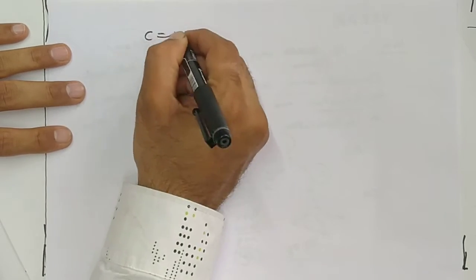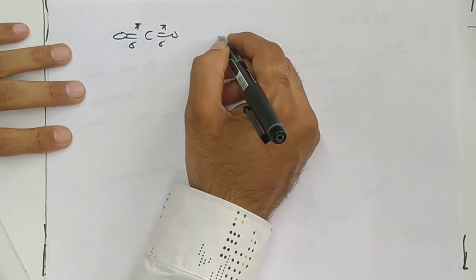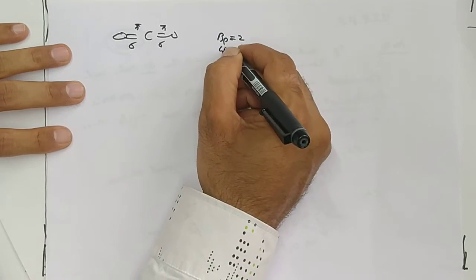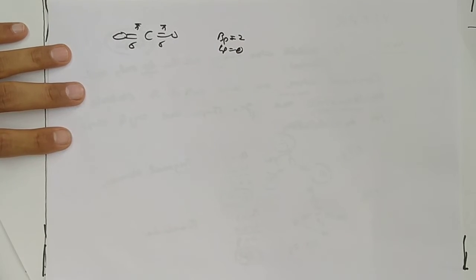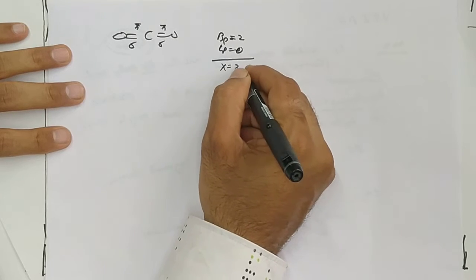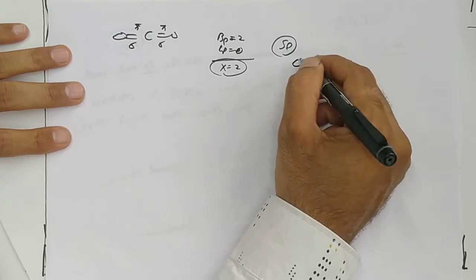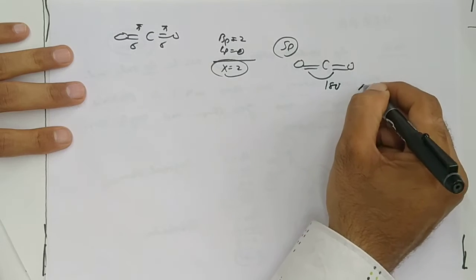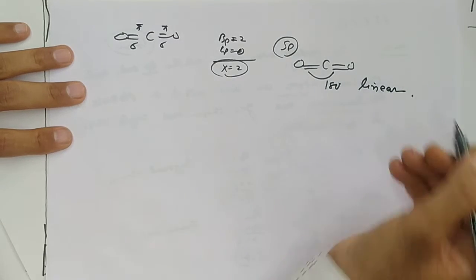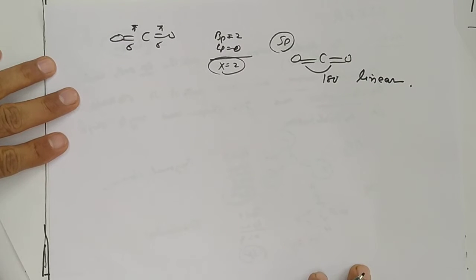In the case of CO2, carbon dioxide, there are 2 sigma and 2 pi bonds, so bonding pair 2, lone pair 0. Pi bonds we are not considering in the calculation of hybridization. Value of X is 2, so sp hybridization. This one is linear, also symmetric, bond angle 180 and geometrical shape linear. Understood?